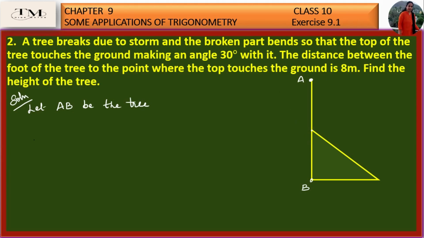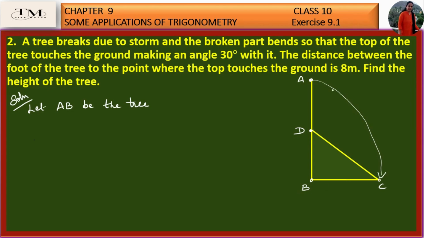So at this point, the tree is breaking. So I am assuming this as D and the ground point as C. So at this point the tree breaks down. So what happens after that? The top of the tree touches the ground. So this point touches the ground at C.